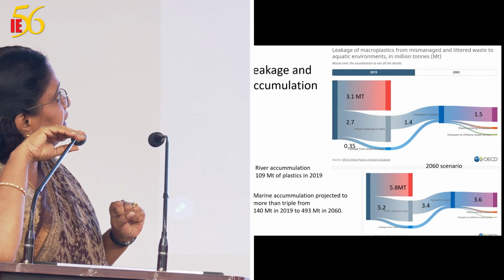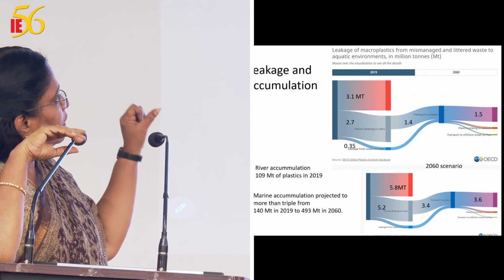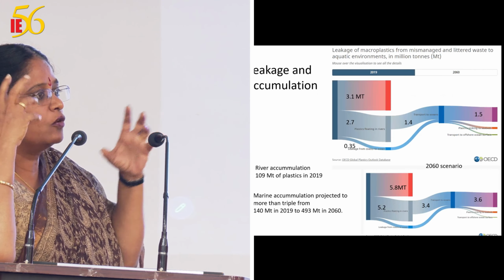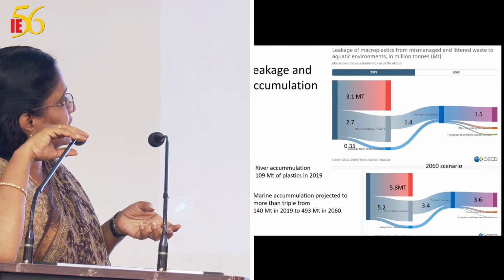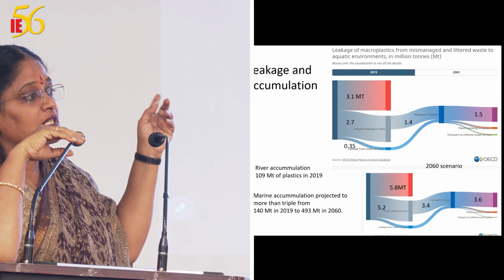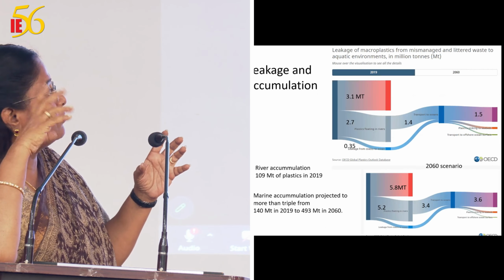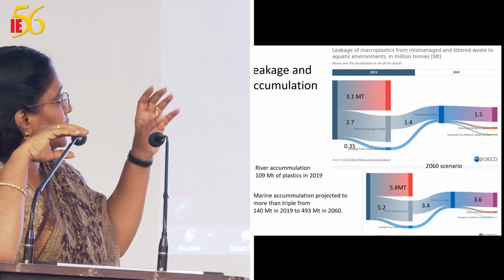published by OECD reports. It again gives exactly the split up of what goes where when it comes to plastics, and compares two scenarios: what is currently happening and what the projections are for the 2060 scenario.